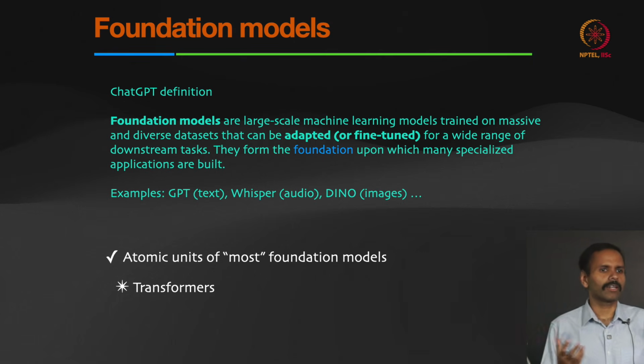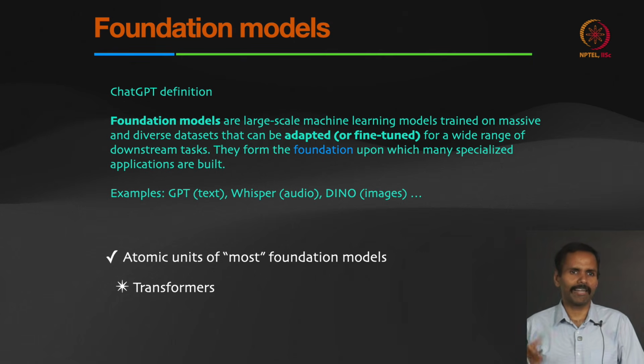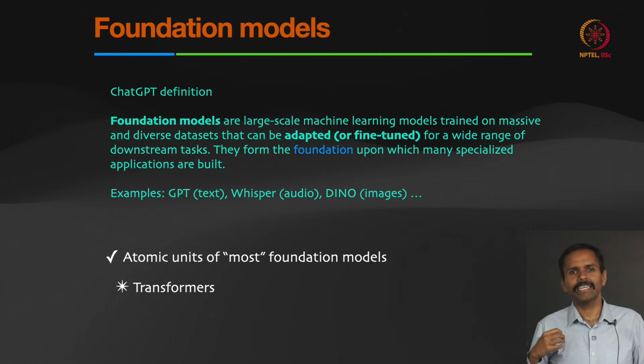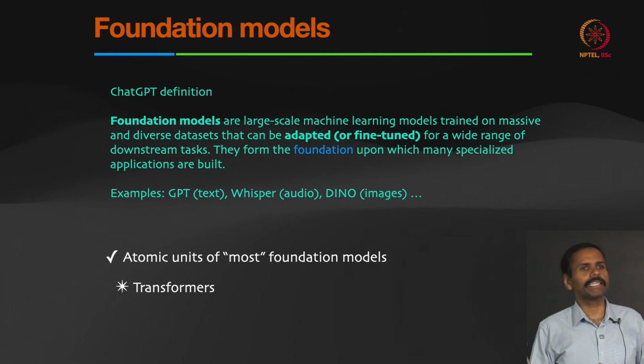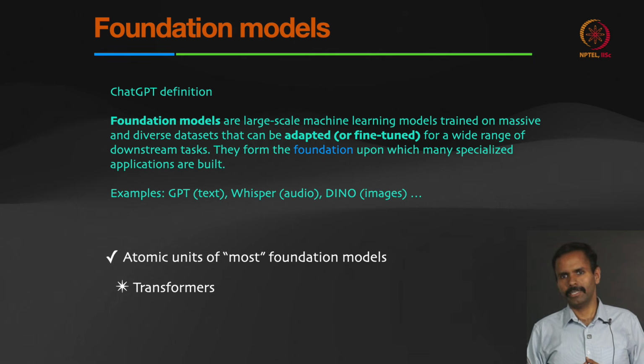So any model that you build in a large diverse scale, which has at least the scope to branch out to 2 or more tasks than it was originally designed for, then you can start coining the term foundation models.